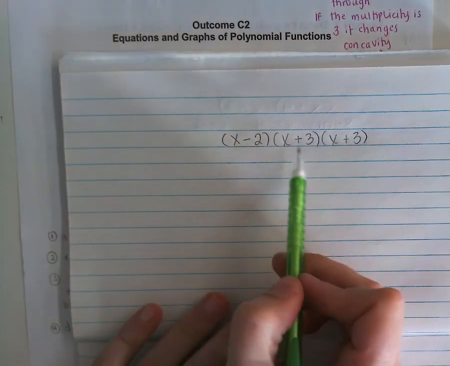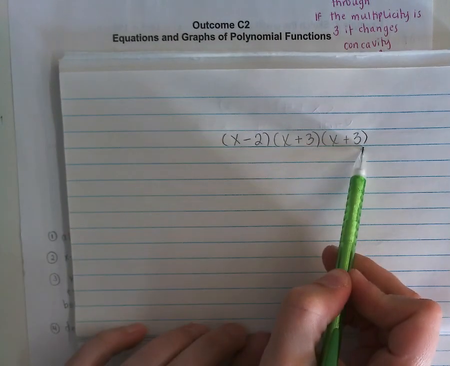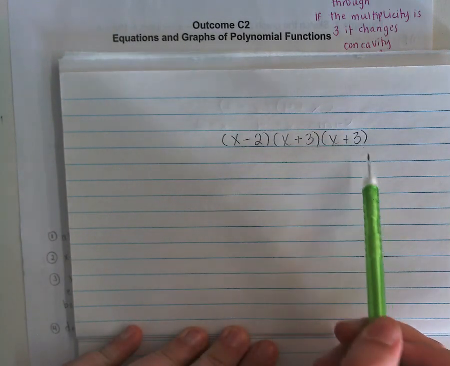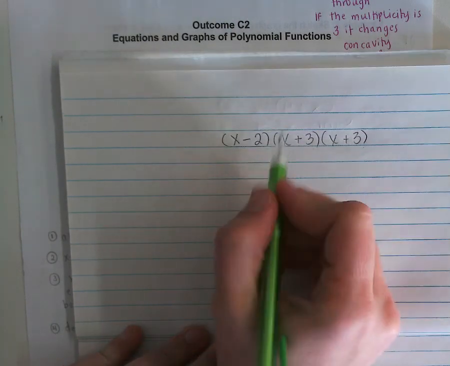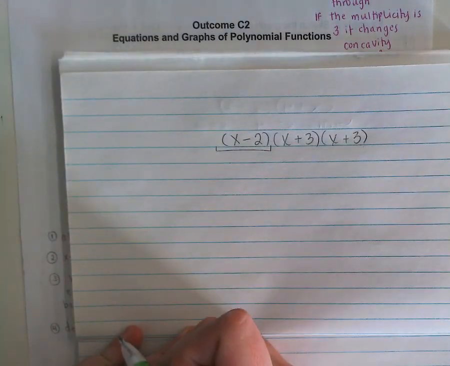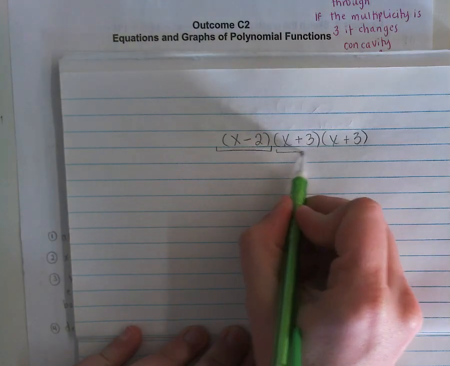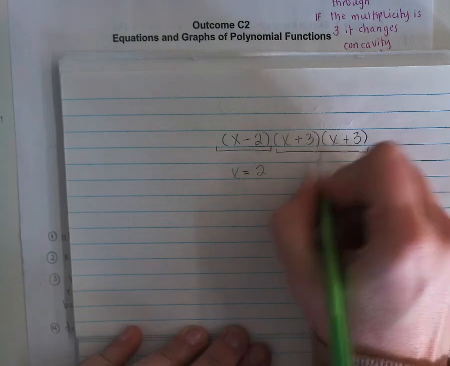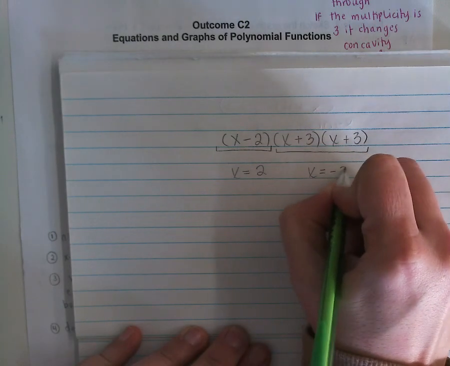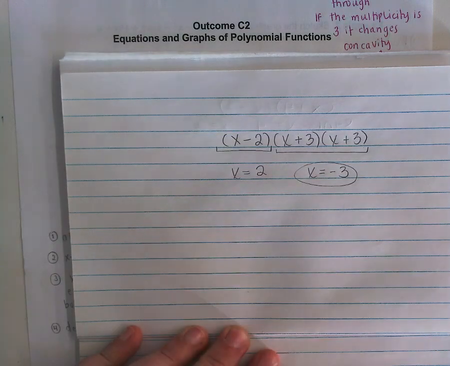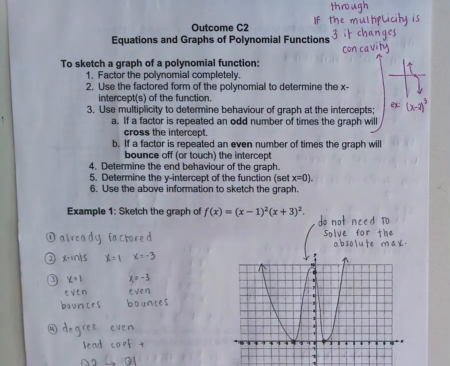You'll notice here, x plus 3 and x plus 3 is repeated. What we need to remember, or learn about in this case, is that the graph is going to behave differently around this x-intercept and this x-intercept, because this is just an x-intercept of 2. This is an x-intercept of -3, but around here, the behavior of the graph actually changes. So I've summarized that for you.